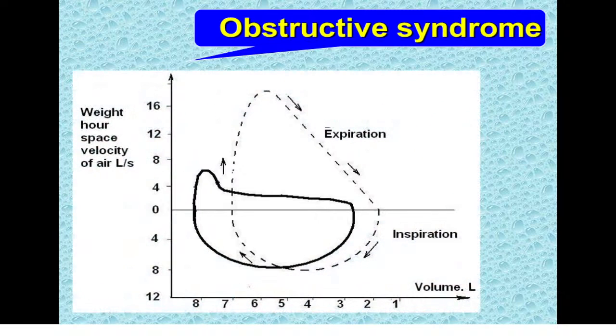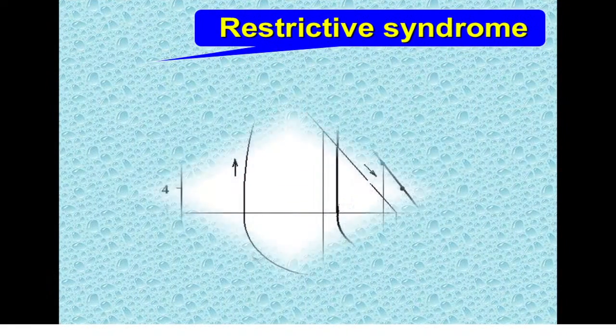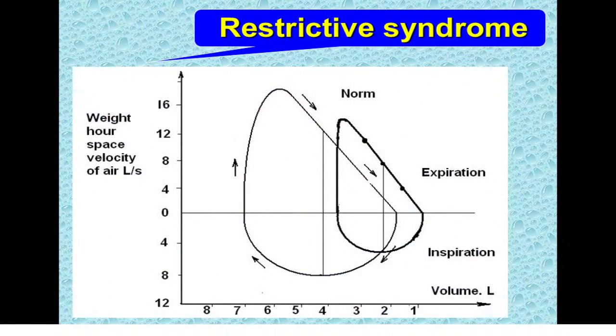If you see on this graph, the patient usually inhales, but has restricted exhalation compared with the norm. We are talking about the obstructive type of breathing. Restrictive, problem with inspiration. The patient cannot adequately inhale.